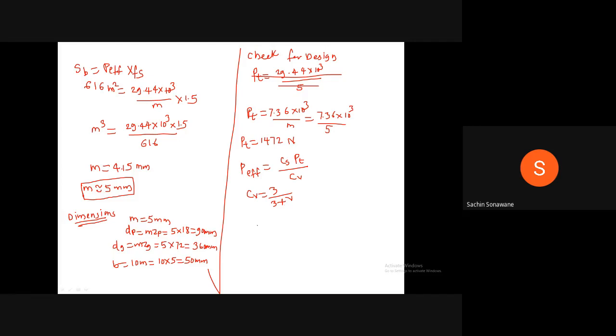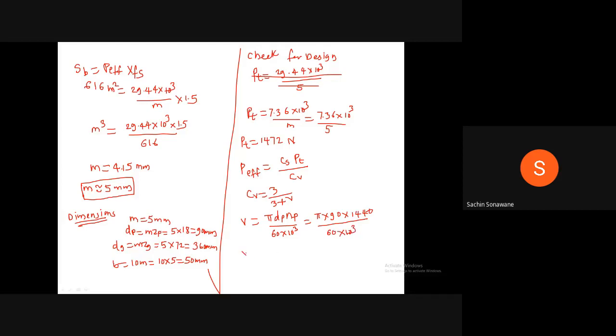Therefore, calculate velocity. Velocity V is equal to pi dp np divided by 60,000, that is 60 into 10 raised to 3. Therefore, pi into dp. dp was what? 90 into np is equal to 1440, divided by 60 into 10 raised to 3.